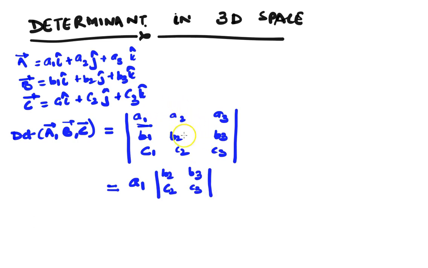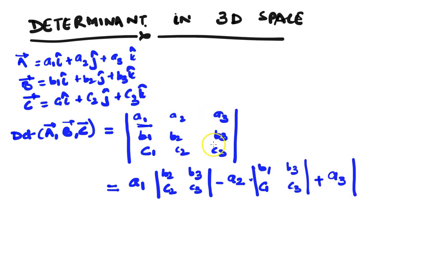Then as a second sign, you take minus, take the value A2, ignore the row and column which contain A2 and multiply it by the determinant of B1, B3, C1, C3. And the third term is basically A3. You ignore its row and column and then you have B1, B2, C1, C2.